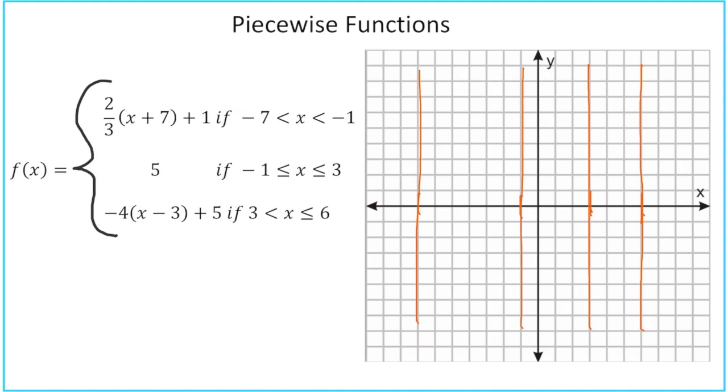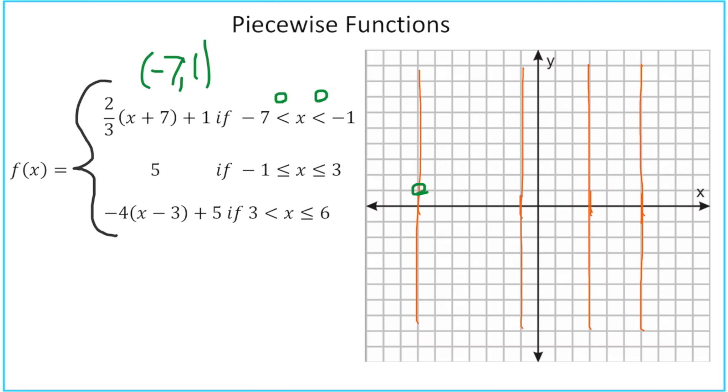It's given in point slope form. So I'm thinking opposite, don't change it. The opposite of the +7 inside the parentheses is a -7. And then I have a +1. When I start this graph, it will have an open point, and when I end it, it'll have an open point. So let's go to -7, +1, and put our open point.